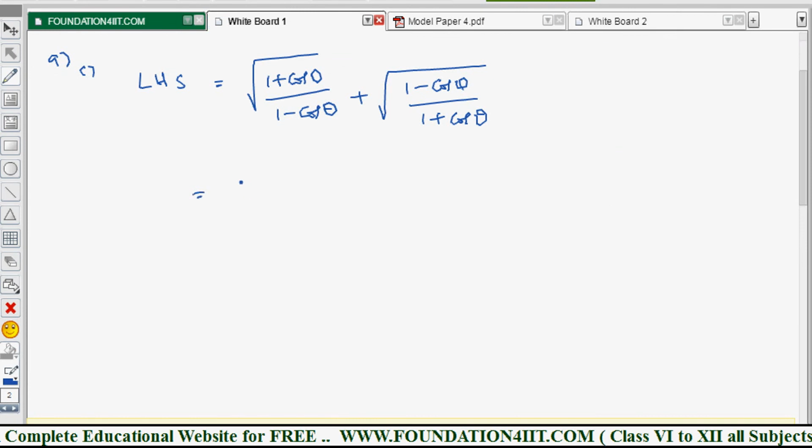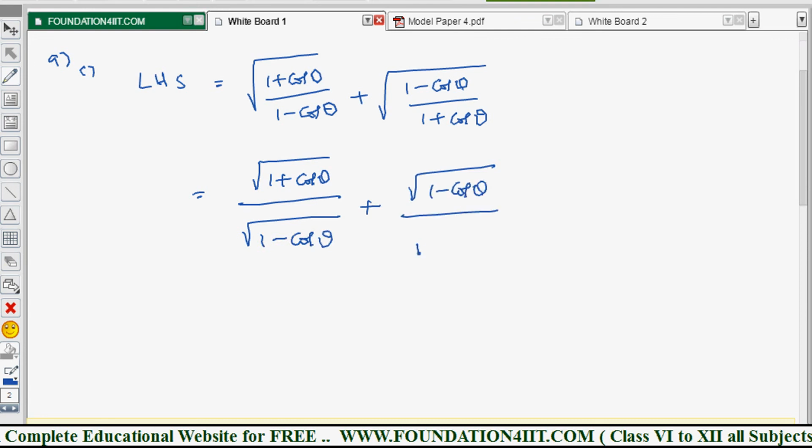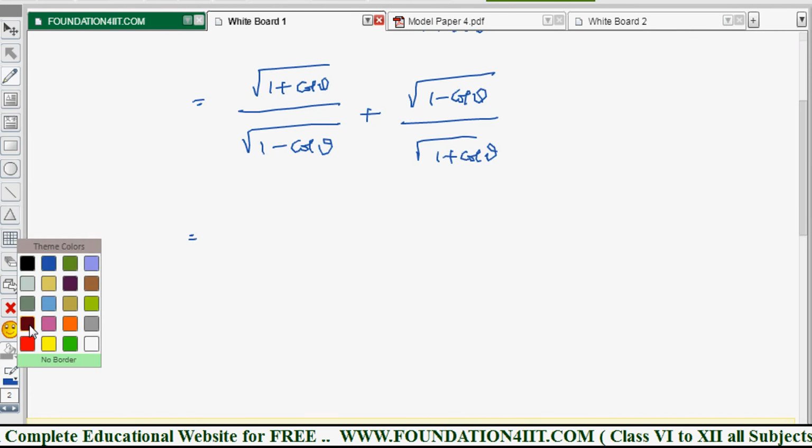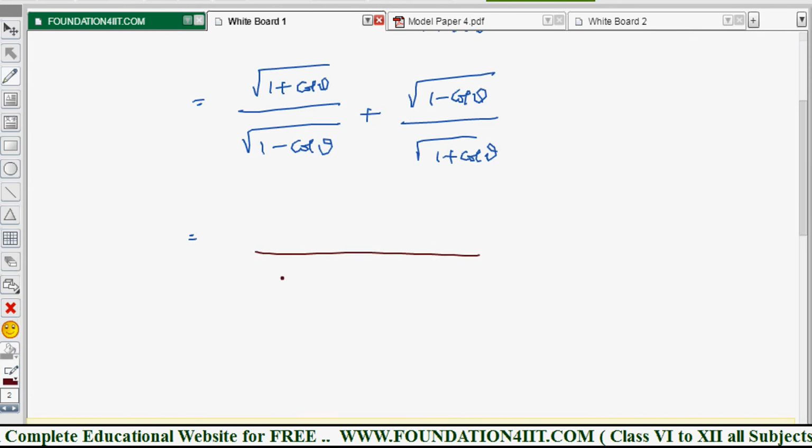So let me take LHS, and separate the square roots: square root of 1 plus cos theta by square root of 1 minus cos theta, plus square root of 1 minus cos theta by square root of 1 plus cos theta. Then from this both we can take LCM, that is square root of 1 minus cos theta into square root of 1 plus cos theta.